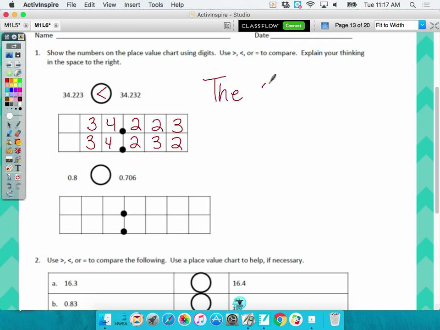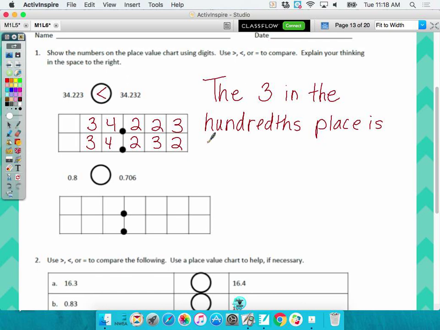I'm going to start with the 3 in the hundredths place is larger, and I like larger rather than bigger because it's just a more grown-up word. You could also say greater.